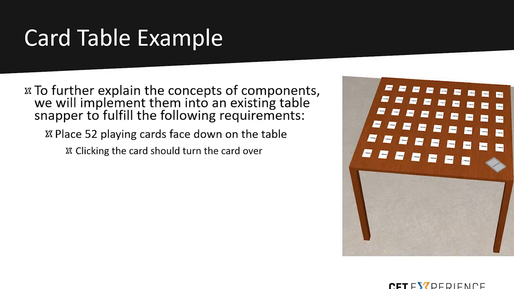So the first requirement is we need to place 52 playing cards face down on the table. And when we click on the cards they should turn over. So from the picture, you can see here that the cards are laid out here. This is what we eventually want to get to, and you can see that it has the little configure back to them. Whenever I click it, I want to be able to flip it over and see Jack of clubs or ace of diamonds or whatever. So that is the first requirement.